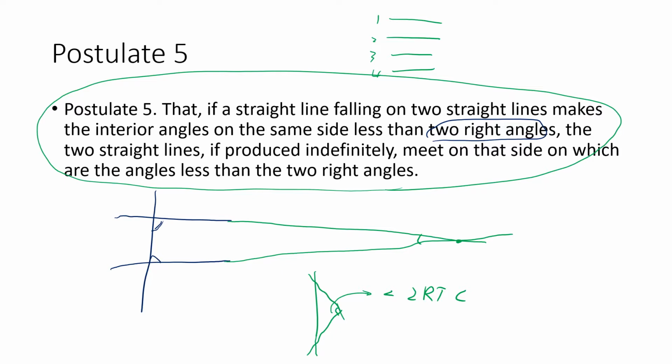And a lot of mathematicians wanted to say, hey, how about if we don't use this and just use the others, so we can prove this system will work. Actually, all of them failed. This is a very important postulate for Euclidean geometry.